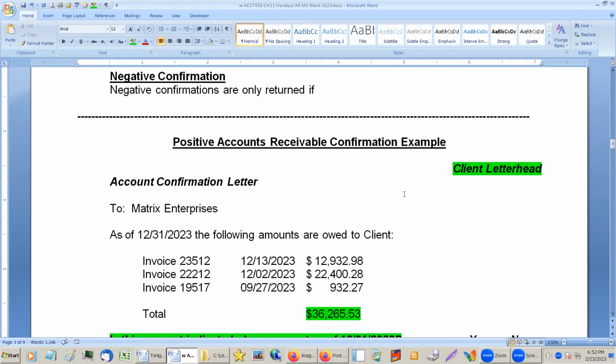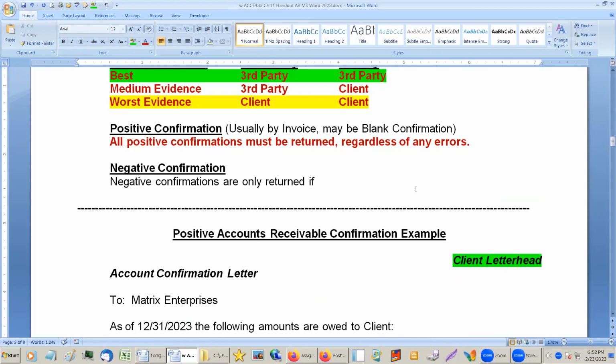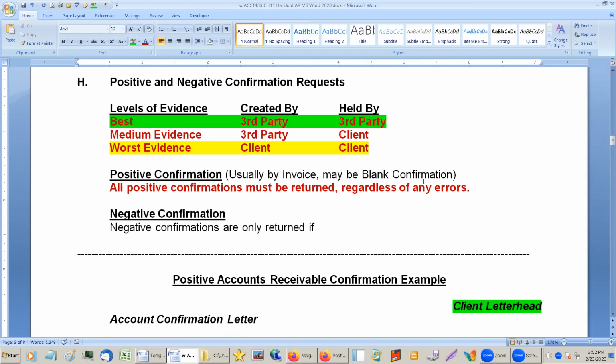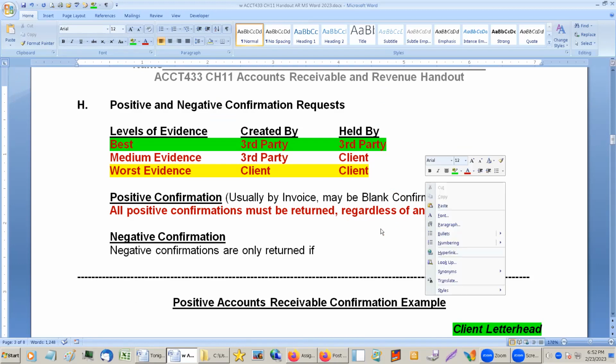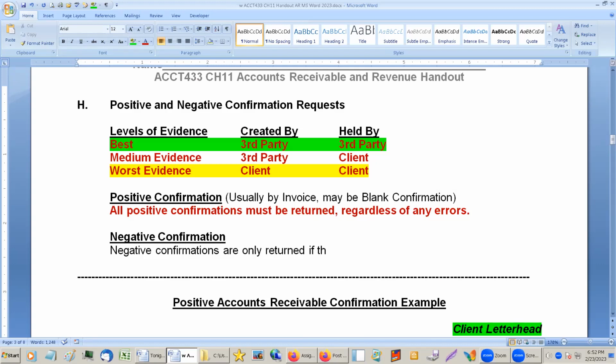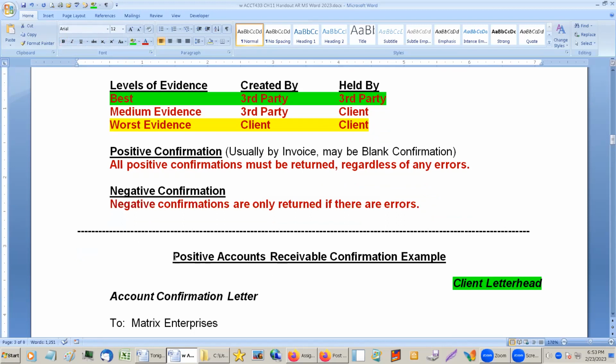Which confirmations do you think we're more concerned about, the ones that have errors or the ones that don't have any errors? The ones that have errors. Yep. Negative confirmations are only returned if there are errors. I'll show you kind of what those look like.